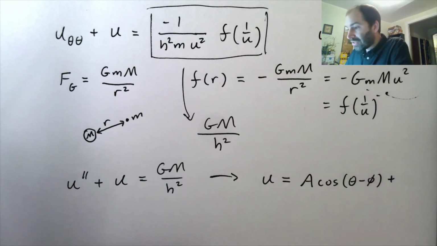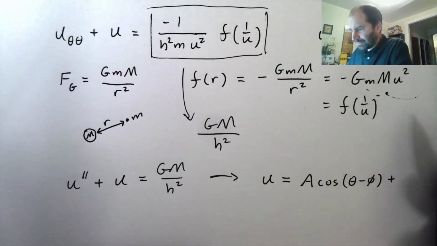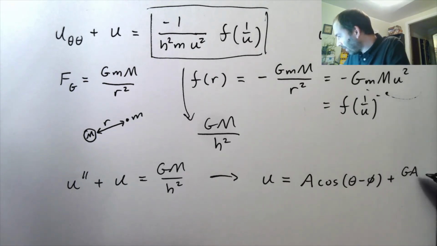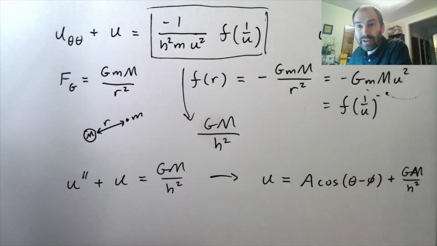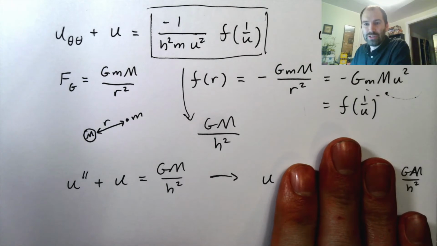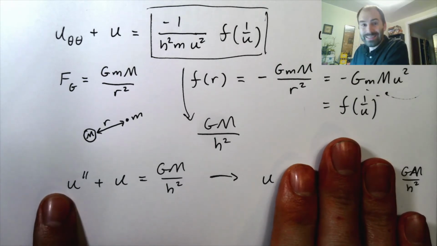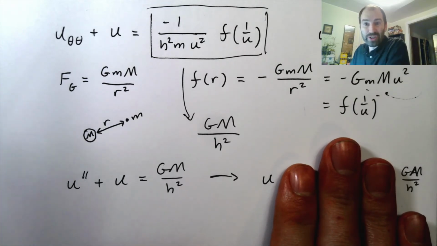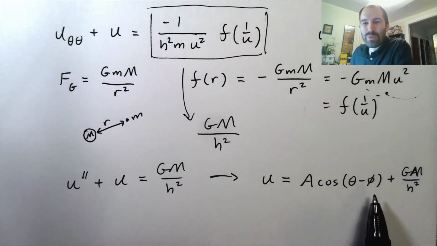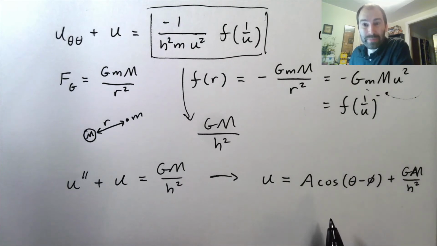Well, I think it's pretty easy to see through observation that this works, that should be an M. Just plug that in. That solves the differential equation. G M over h squared, the constant, just plug it in here. It works, right? So that's the particular solution. So we got it. A and phi would be determined by initial conditions, if we were to specify them, okay?